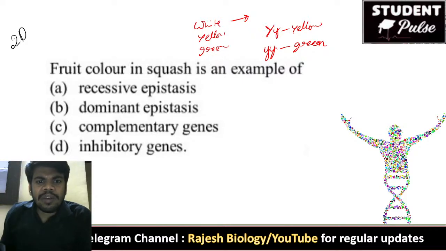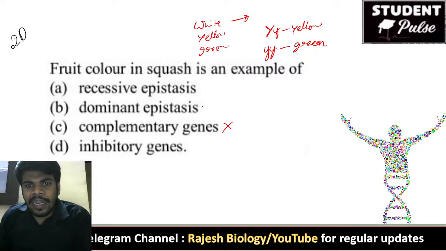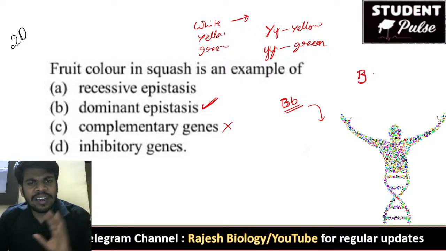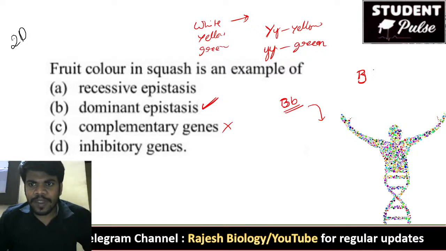Right, 20. Complementary genes, no. Dominant epistasis. What is it called? Dominant epistasis means a gene, if it is in a dominant condition, controls the expression of other genes. For example, here there is a gene B, responsible for some other character. It is always in the recessive condition.